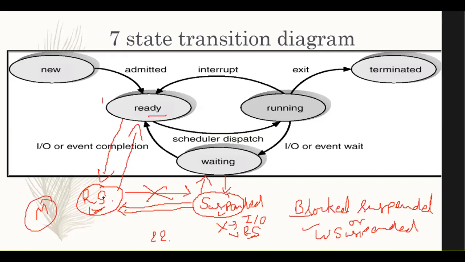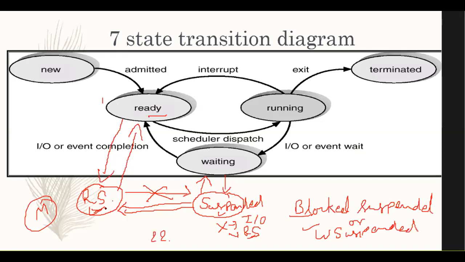If a process is ready for execution and just because of lack of memory it is in this state, then why send it to the waiting suspended state, where we have all processes waiting for certain IO operations?